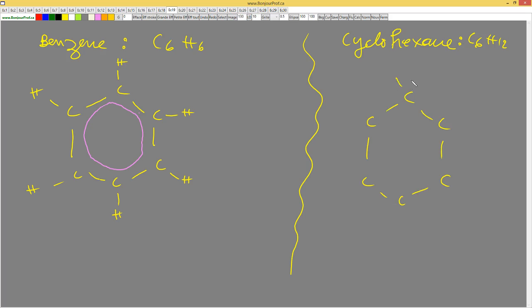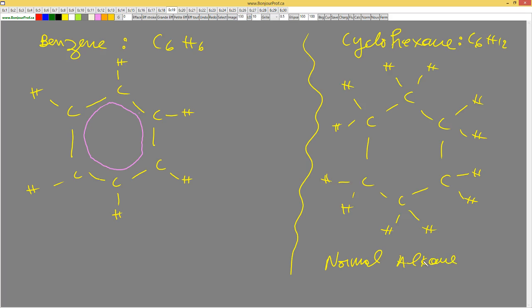But here, each carbon has 2 hydrogens. And the bonds are fixed, not like here, where the electrons are moving and the bonds are moving. Because this one is a normal alkane.